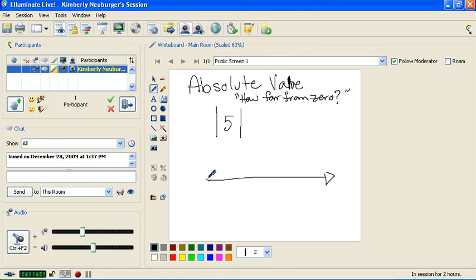If you had a number line and 0 was here and 1, 2, 3, 4, 5 was up here, this distance of how far 5 is from 0 would be 5 spaces. Distance is always positive. Even if you're moving backwards, you're still moving somewhere, so it's still going to be a positive value. So the distance of how far this 5 is from 0 is 5.